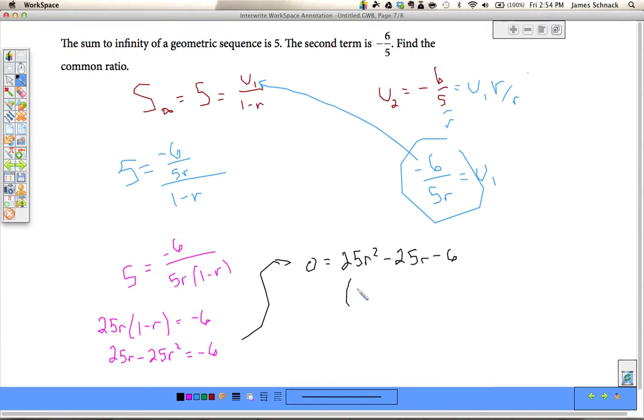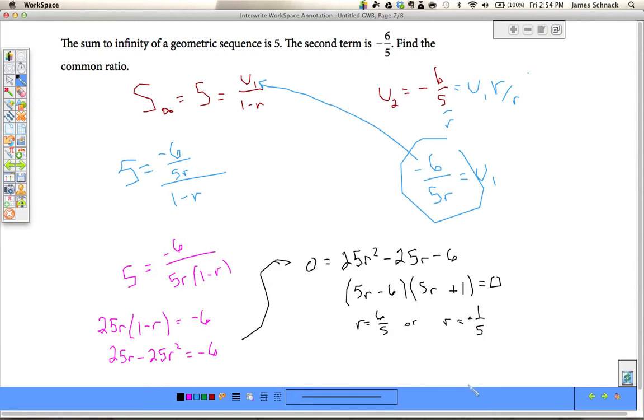Oh gosh, we could either use the quadratic formula or factor, and guess what, guys? This is factorable. It's factorable into 5R minus 6 times 5R plus 1 equals 0. R could be 6/5, or R could be negative 1/5.